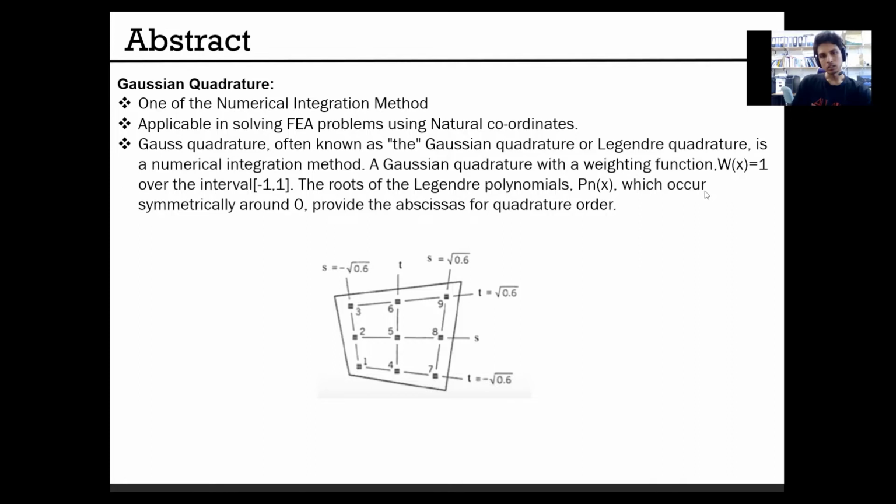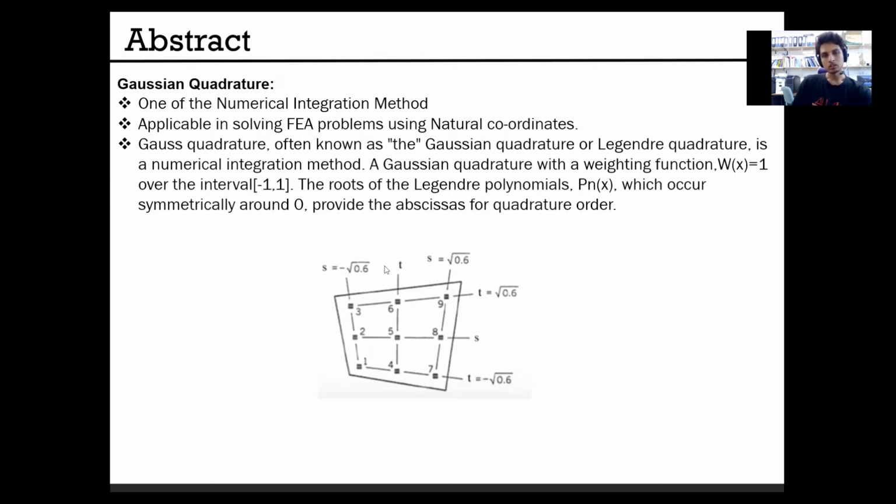The quadrature order is n, given by the roots of the Legendre polynomials, that is Pn(x), which occur symmetrically about 0.